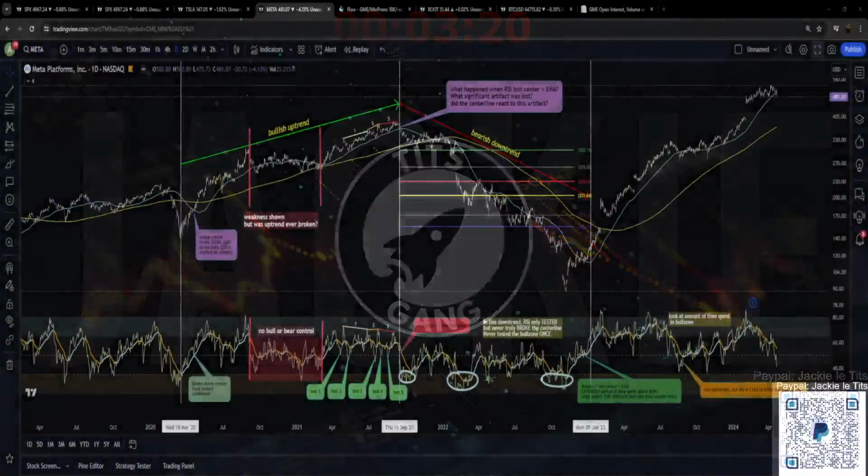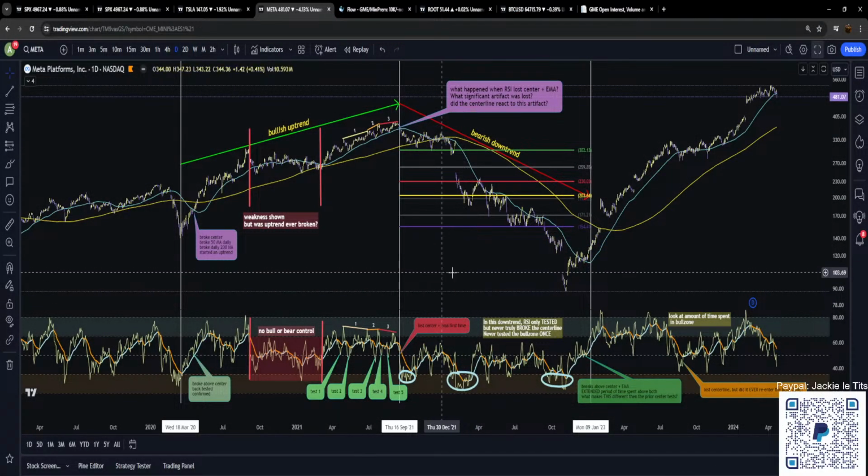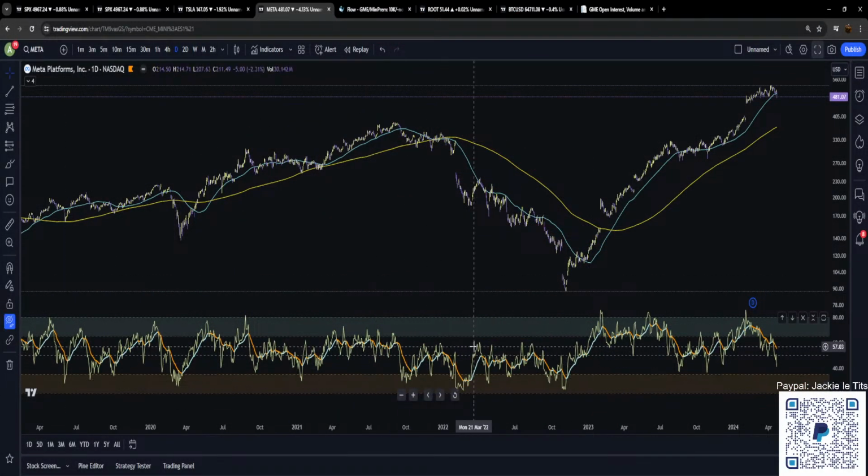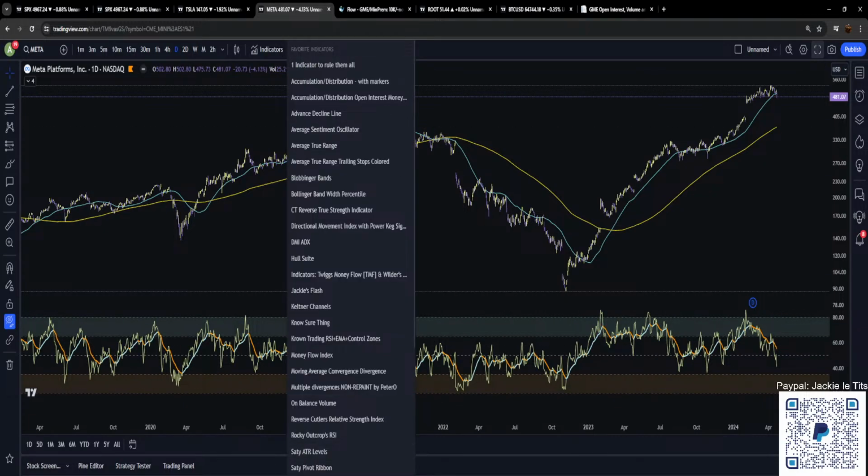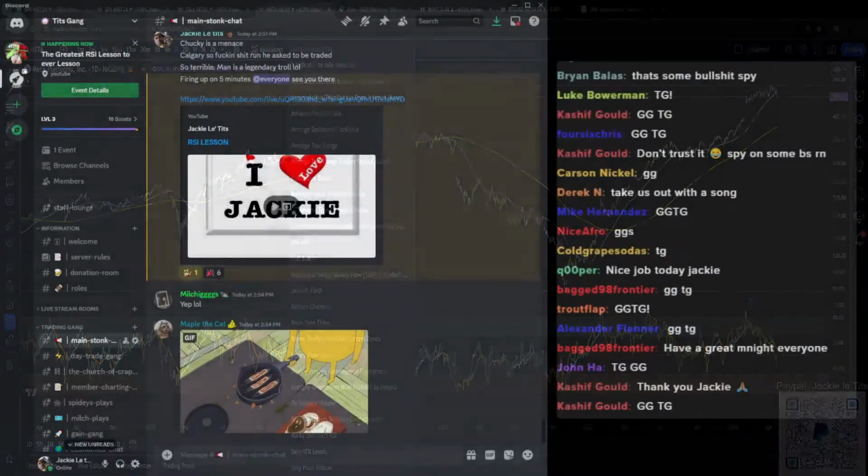Now, when we flick on the main screen here, you guys have always seen my RSI. I know that the majority of you do not have this RSI because this is one that I've created. If you're looking for one that is very similar to this one, in the Discord I've linked this. I believe it's in the indicator section of the Discord. Let's just go in here really quick.